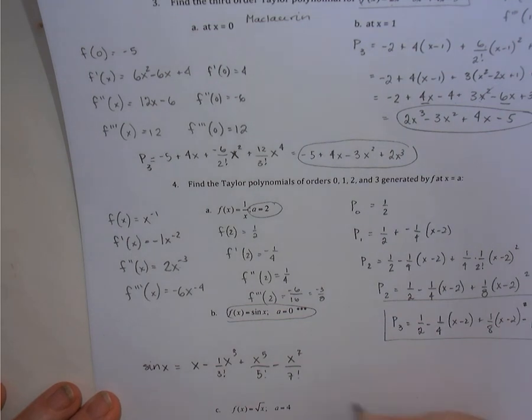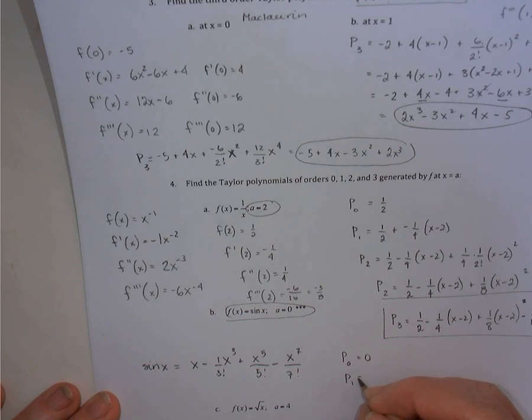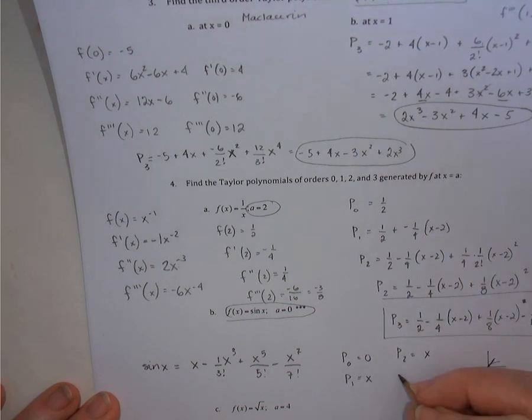If I want a polynomial of degree 0, that's just going to be 0. A polynomial of degree 1 is x, so sine x, as a linear function, goes right through the origin. Polynomial of degree 2 is the same as degree 1, because our x squared term is out of there. Polynomial of degree 3 is x minus x to the 3rd over 3 factorial.